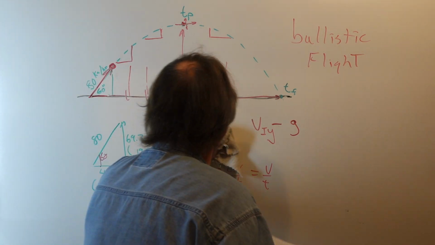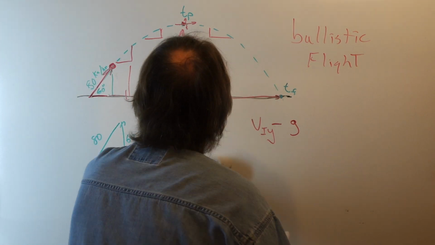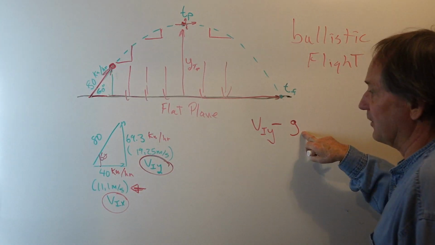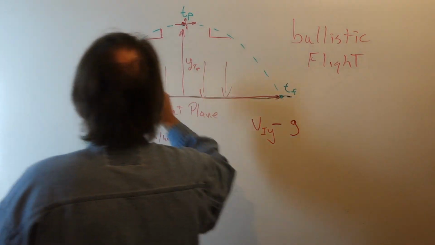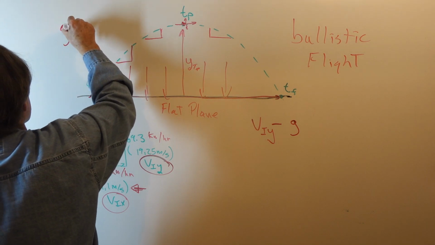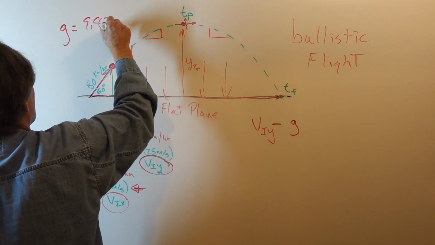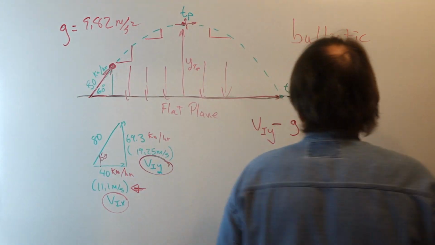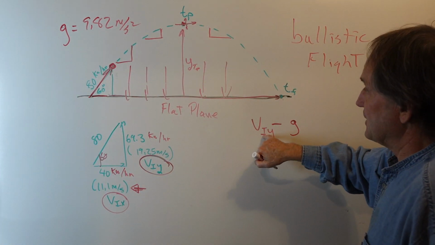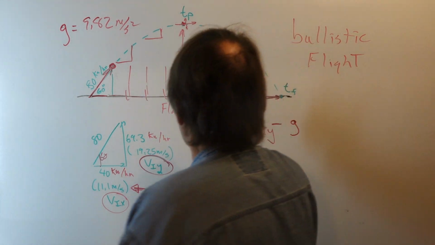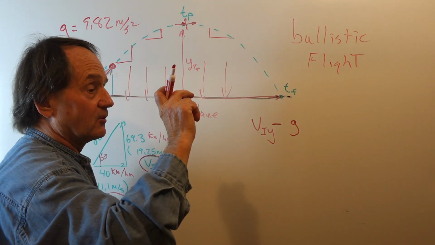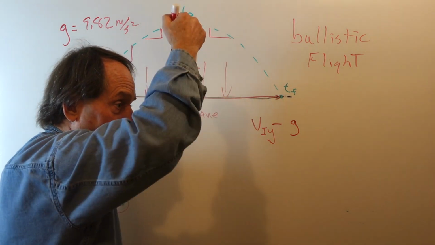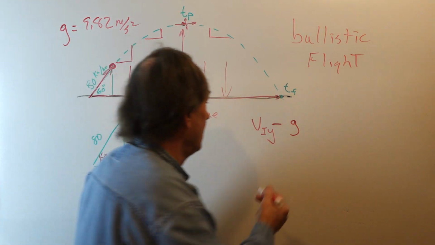The only acceleration acting on this object is gravitational acceleration, our little g. Remember, little g is 9.82 meters per second squared on the surface of the Earth. So we have our initial velocity in the y direction, and that component's getting smaller and smaller because of the force of gravity pulling it down.